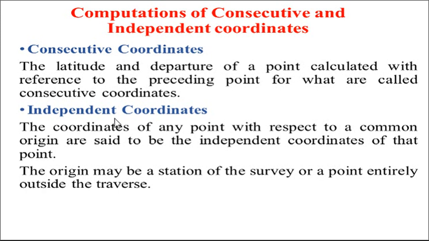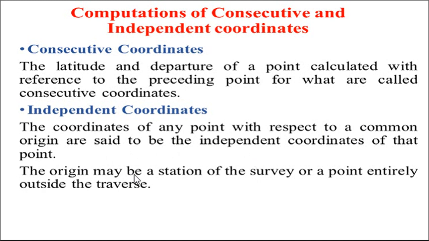Then the second definition is independent coordinates. The coordinates of any point with respect to a common origin are said to be the independent coordinates of that point.